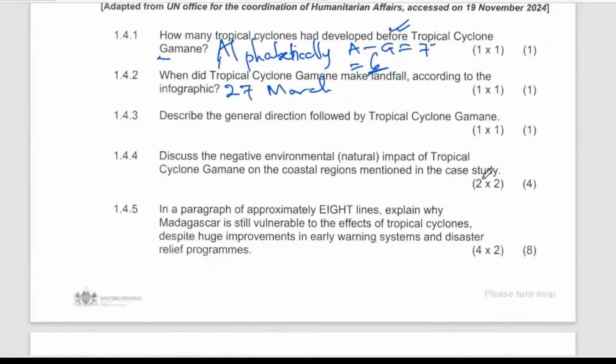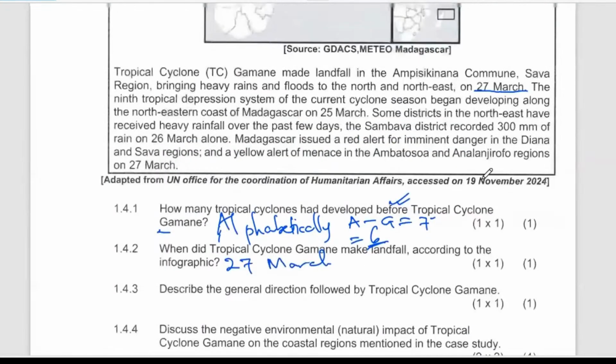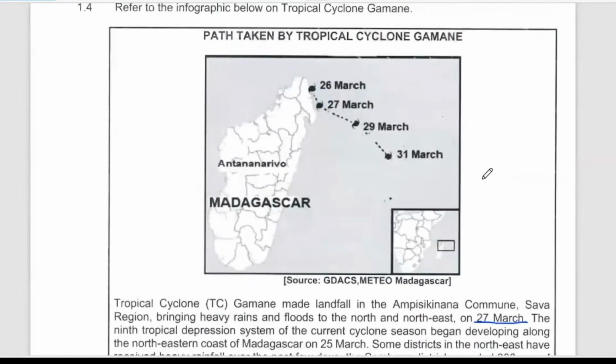Right. Describe the general direction followed by tropical cyclone Khamani. We want to go to the infographic and check on the general direction. We are seeing on 26 March, it was somewhere here. On the 27th, 29th, and on the 31st, it was going in that direction. So if we try to analyze that movement, how is it moving?